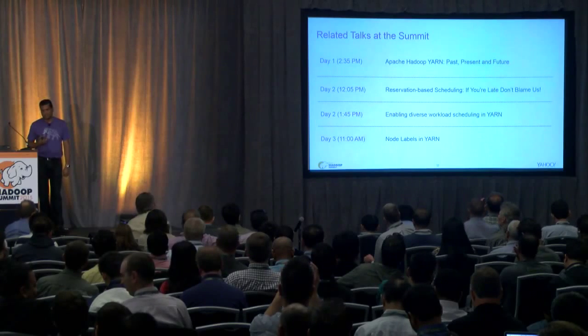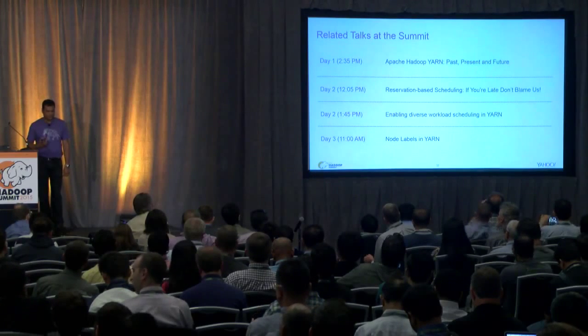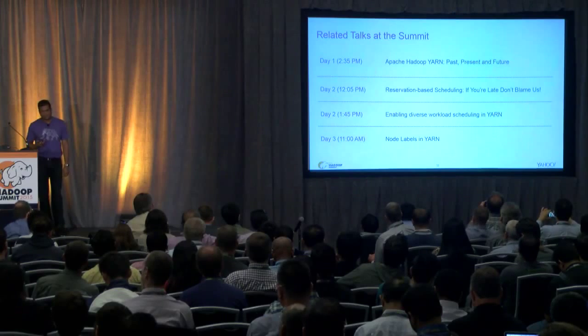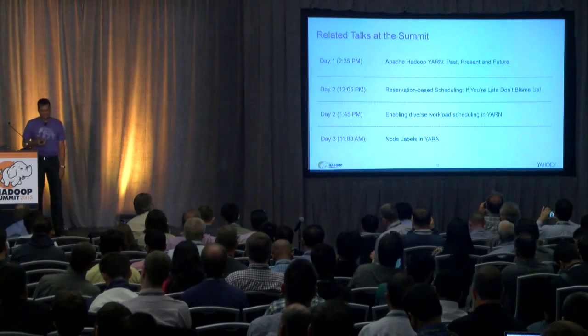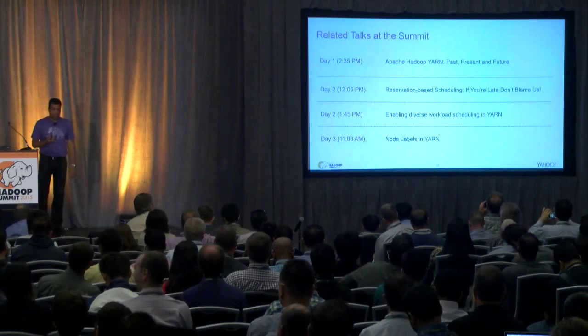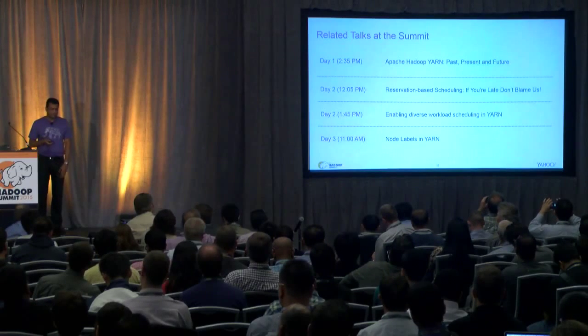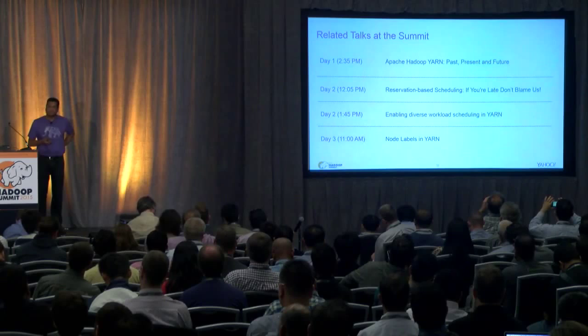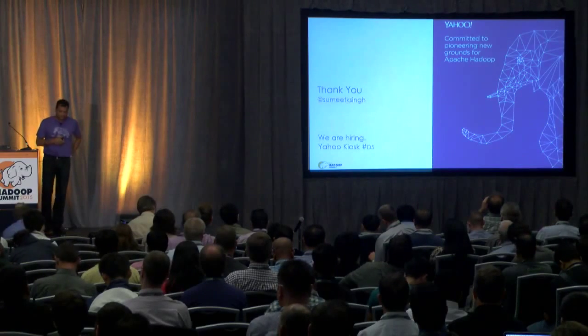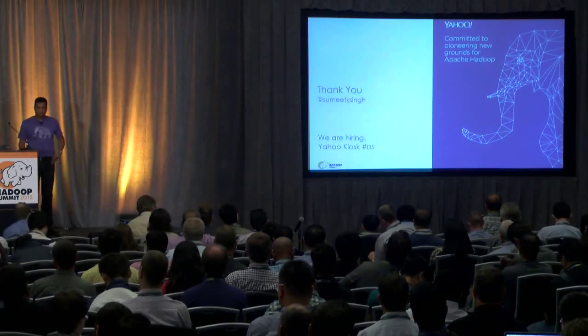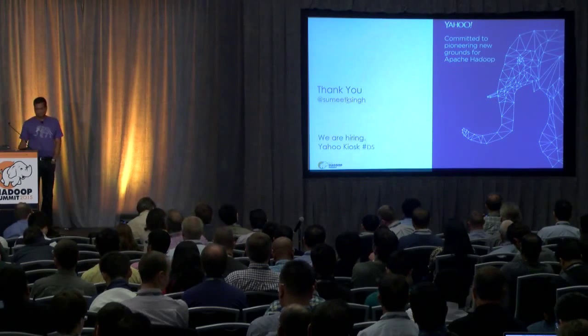If you were interested to explore further, I think there's definitely a Yarn talk that you should go to. Reservation-based scheduling is new, so they're presenting here. There's another talk which is similar to ours called Enable Diverse Workload Scheduling in Yarn, and then node label features we touched upon. Right. So with that, I think we have 4 minutes, 5 minutes, or even longer for questions.